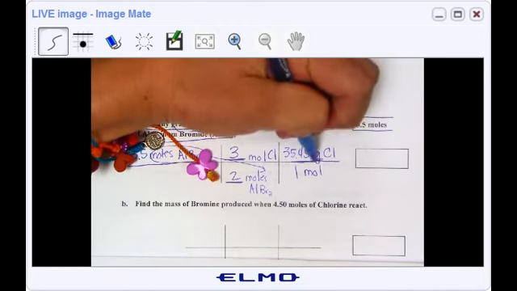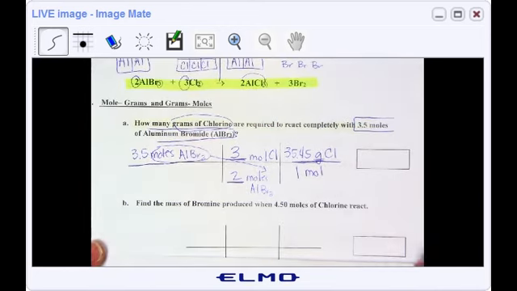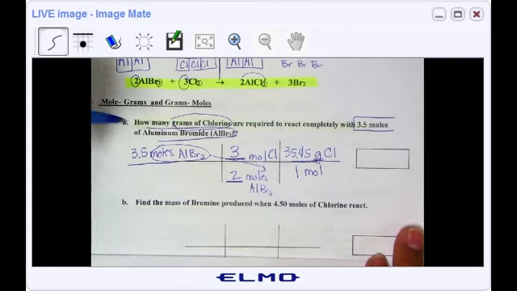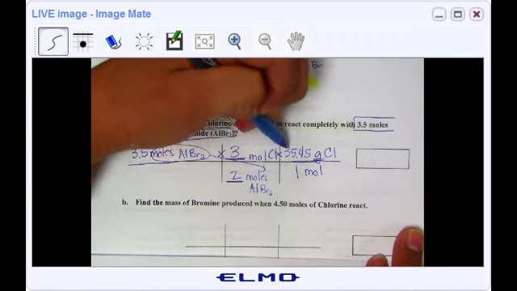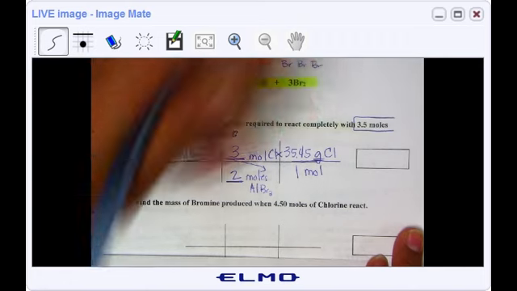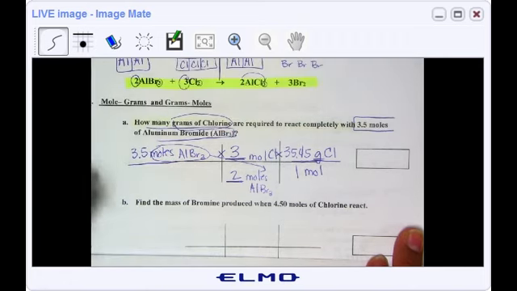Whenever it says grams, you will refer to your periodic chart, okay? So I take 3.5 times 3 times 35.45, and I divide it by 2. Do the top first, 3.5 times 3 times 35.45.